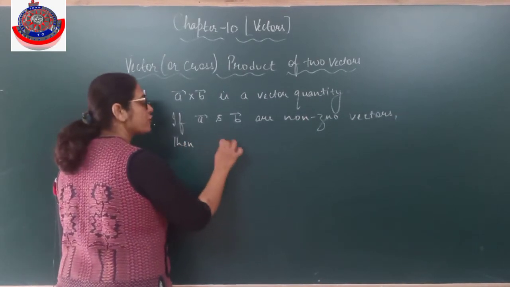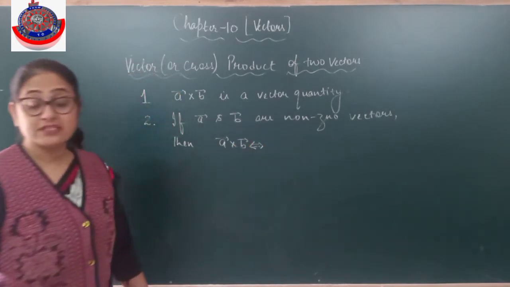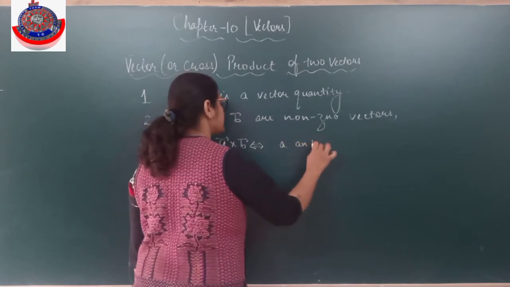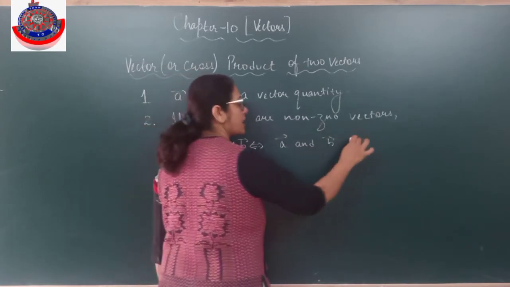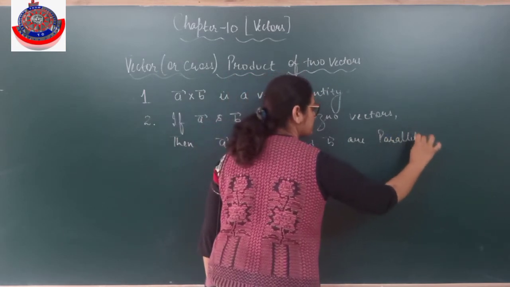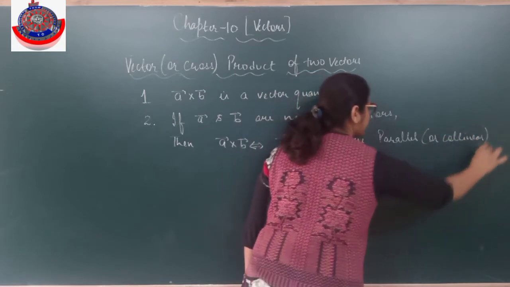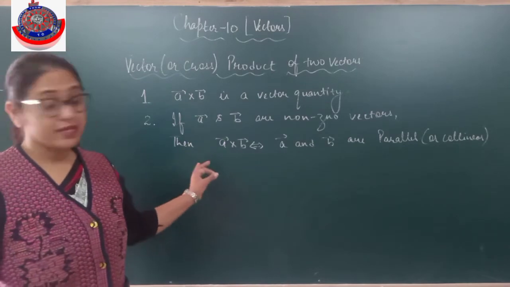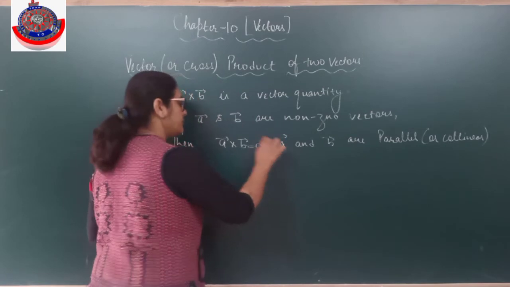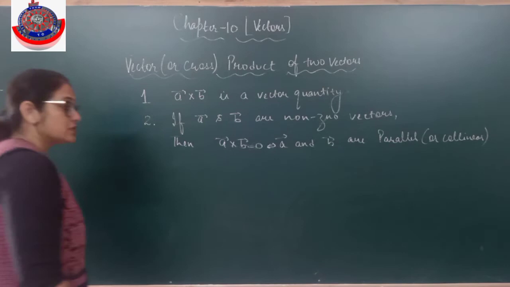A cross B is 0 if and only if A and B are parallel or collinear.